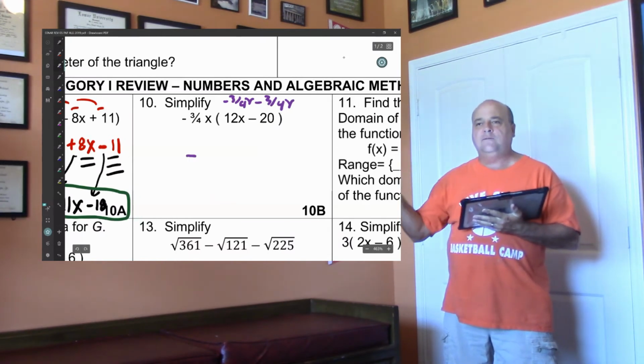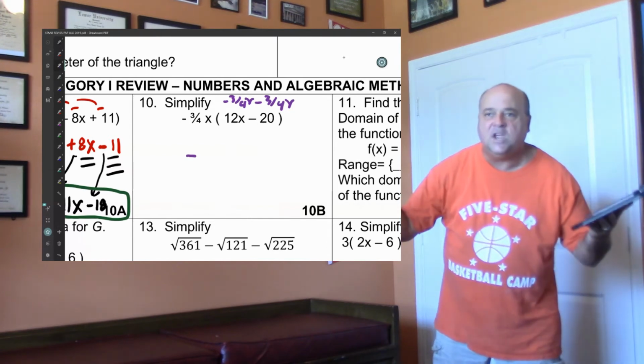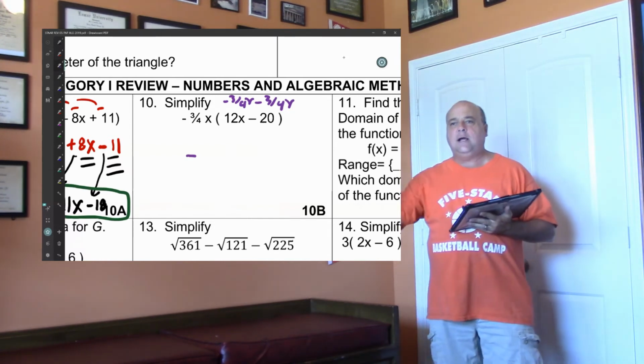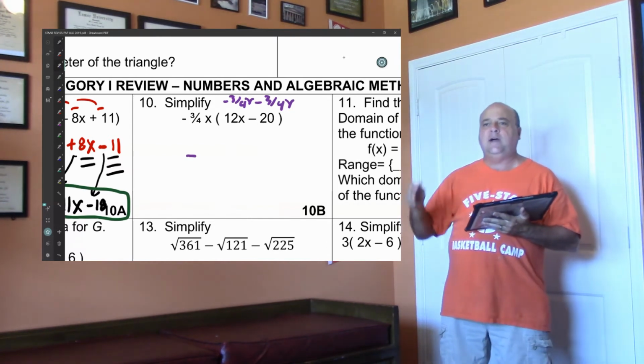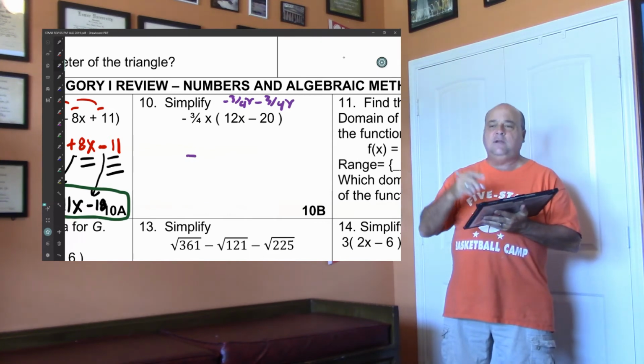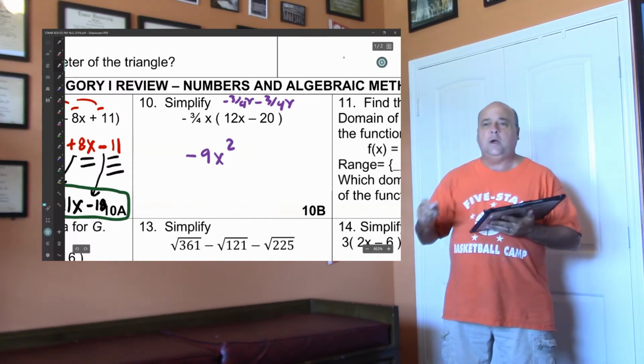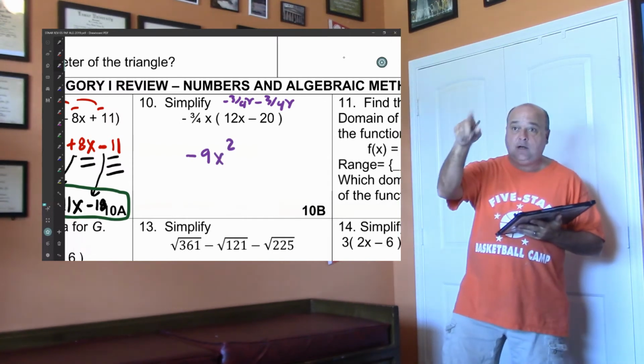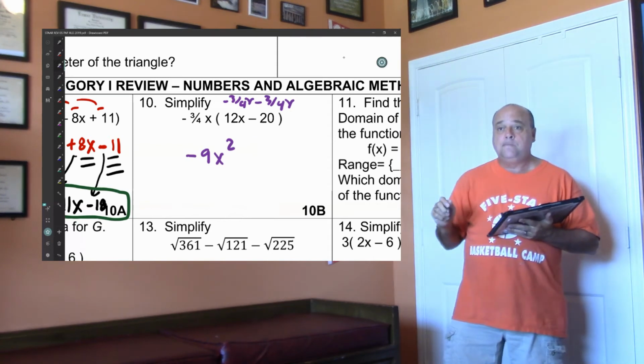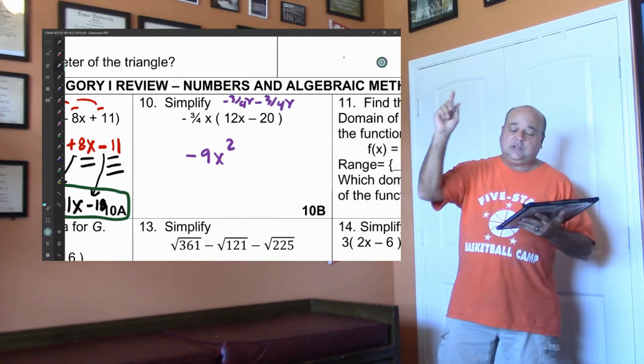Then we got to do 12 times 3/4. You did this in 5th grade. 12 times 3/4 is 12 times 3 divided by 4. 12 times 3 is 36, divided by 4 is 9. My letter is x, and x times x is x squared. I just did sign, number, letter, exponent there. That's all this is. Let's go to the next step.